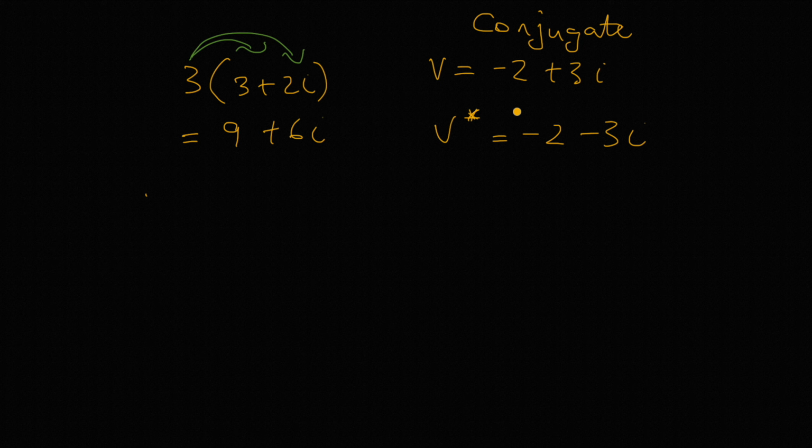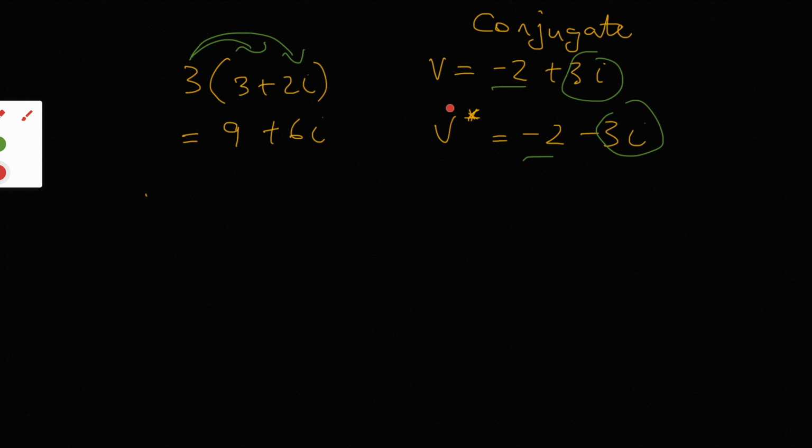You'll see it's exactly the same real number and the same imaginary number, except that the sign of the imaginary part is the opposite. It was plus 3i and it's minus 3i.